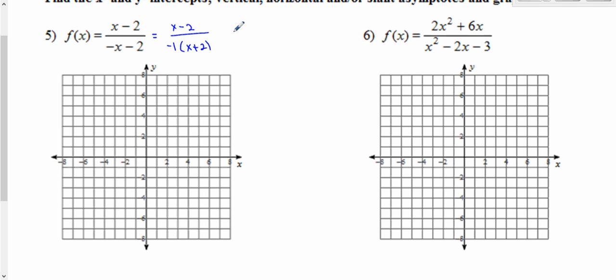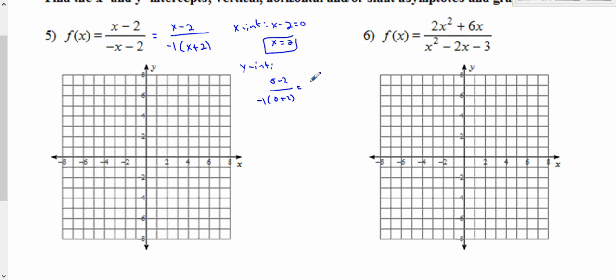Now we are ready to go ahead and identify the x and y intercepts and also the asymptotes. For the x-intercept, I am setting the numerator equal to 0. I get x minus 2 equals 0, and I get x equals 2. For the y-intercept, I plug in the value of 0, so I get 0 minus 2 over negative 1 times 0 plus 2.